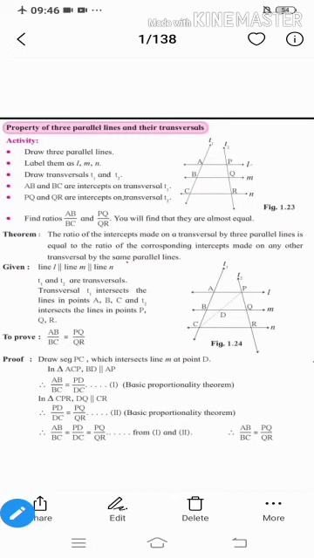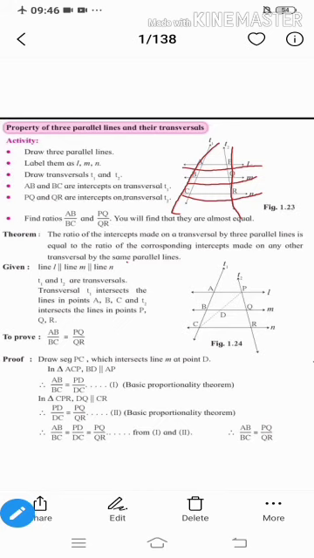The theorem is: the ratio of the intercepts made on a transversal by three parallel lines is equal to the ratio of the corresponding intercepts made on any other transversal by the same parallel lines.